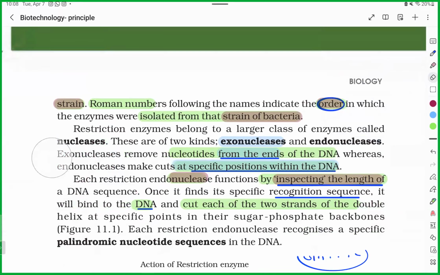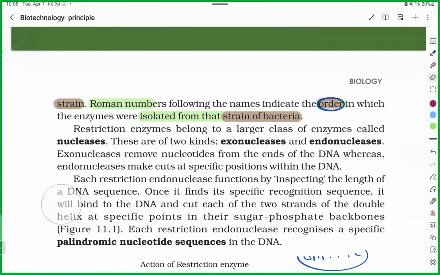Okay. So if I read this again, then as it is given, each restriction enzyme endonuclease inspect the length of the DNA sequence. So enzyme will read the full sequence. If it find the specific sequence where it acts, it will bind to DNA. Otherwise, it will not bind.